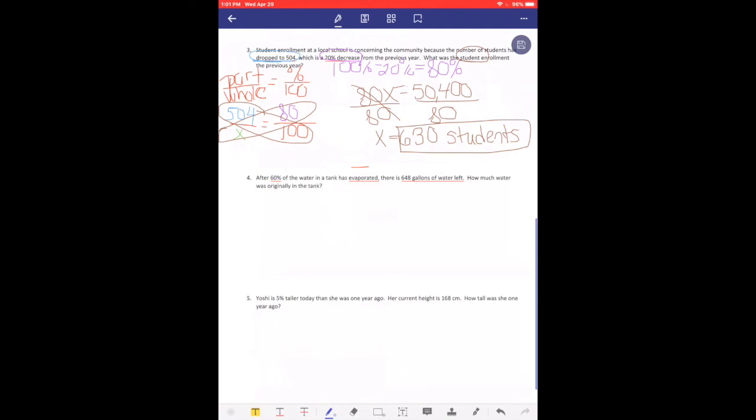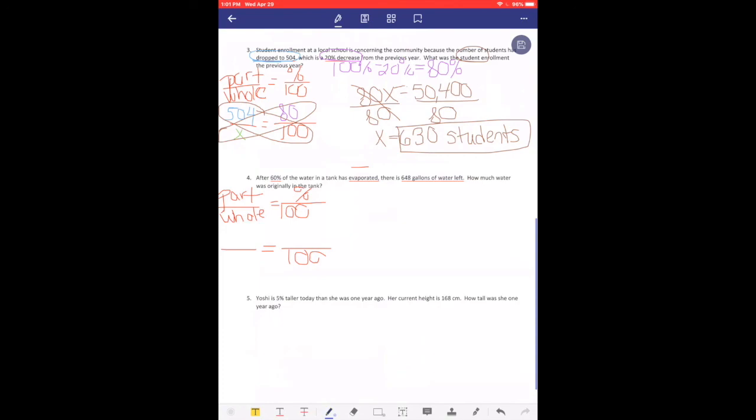So for my part over whole equals percent over 100. Remember, the bottom right always stays at 100, so I can fill that out first if you want to.